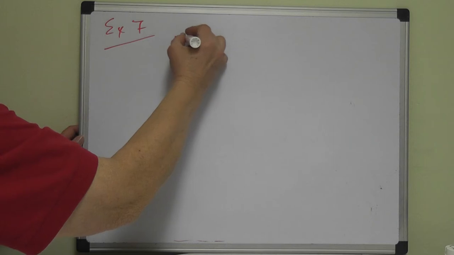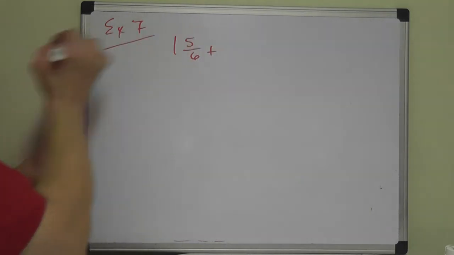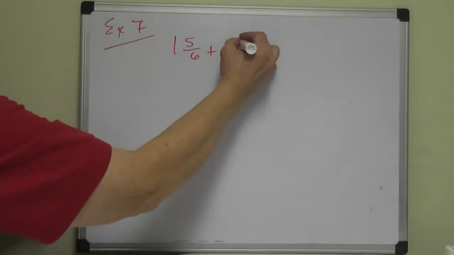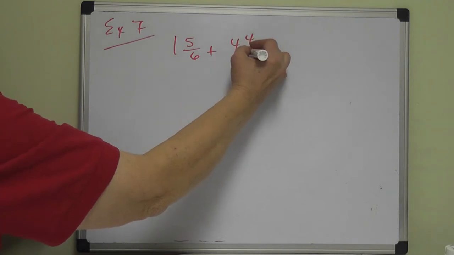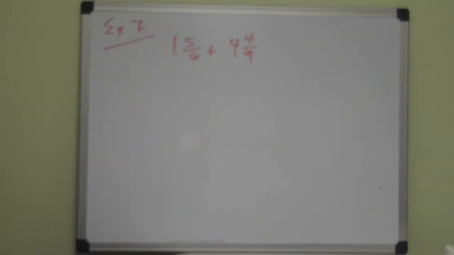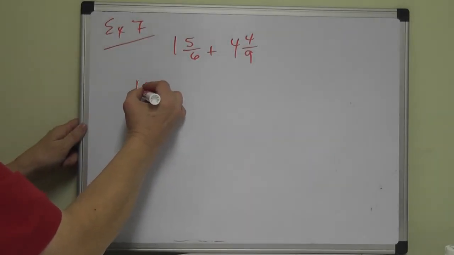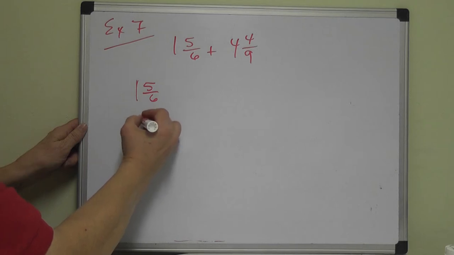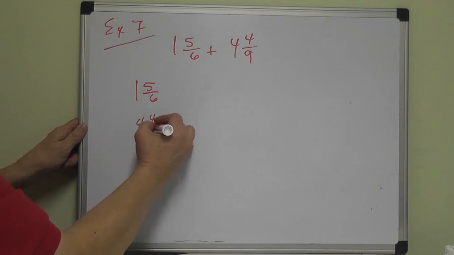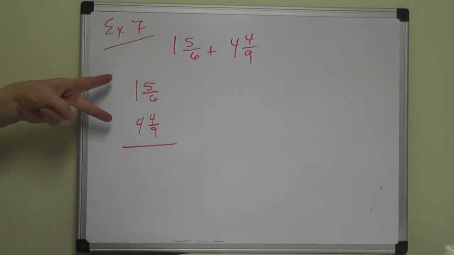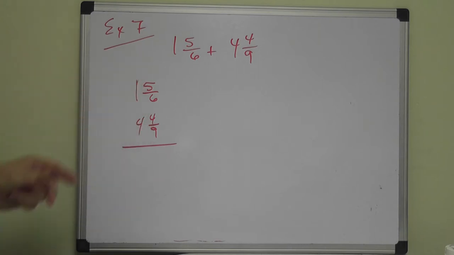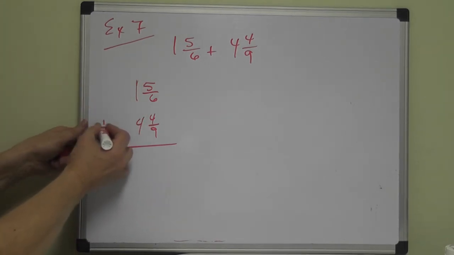If we have 1 5/6 plus 4 4/9. When you're adding or subtracting mixed numbers, it's best to do those vertically. So you have 1 5/6 plus 4 4/9. Add your whole number parts, add your fractional parts.